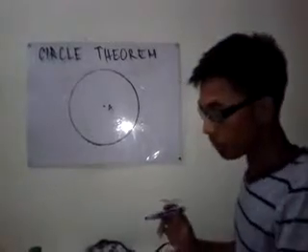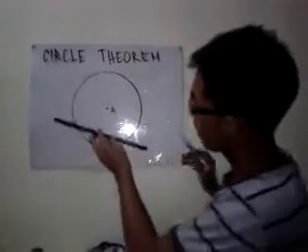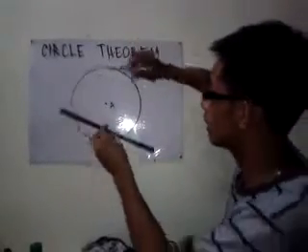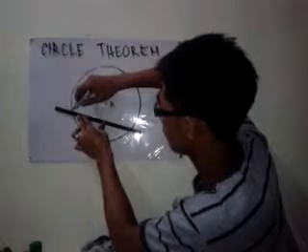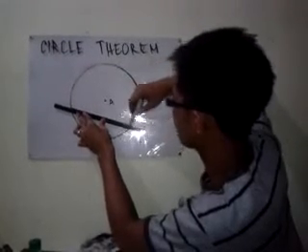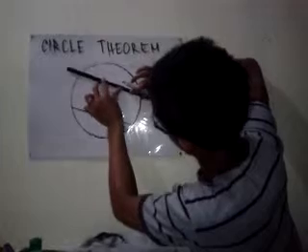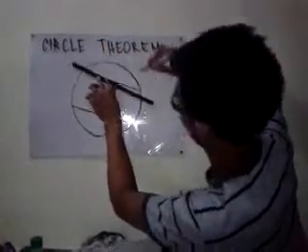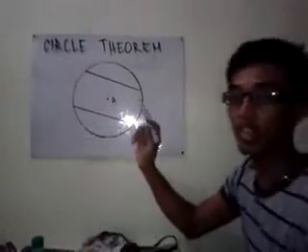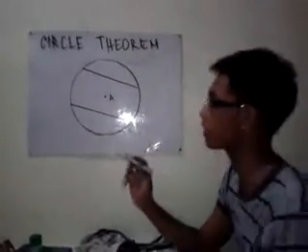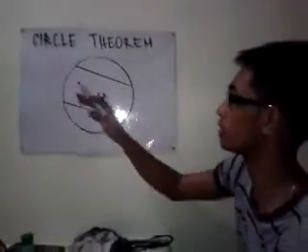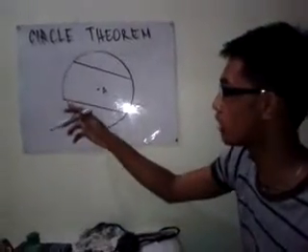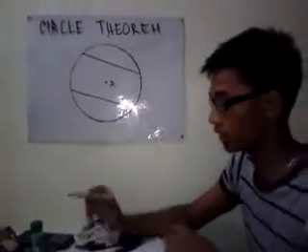Moving on, I'm going to create two parallel lines inside the circle. One line and two lines. I told you a while ago, this line is called a chord because it doesn't pass through the center of the circle and hits the circumference.